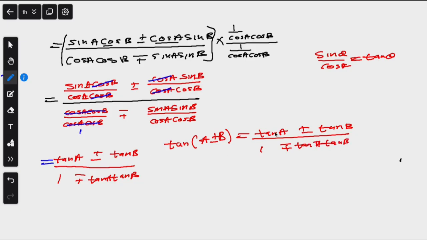So this is what we have, but let me just try to separate these.